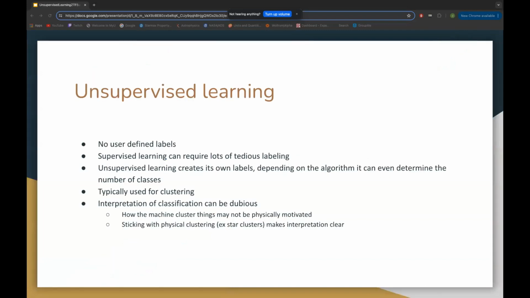Okay, so unsupervised learning in general. The big difference between supervised and unsupervised learning is that unsupervised learning does not have user-defined labels. In a classic supervised learning problem, you might have pictures of cats and dogs, and you tell the machine what's a cat and what's a dog.